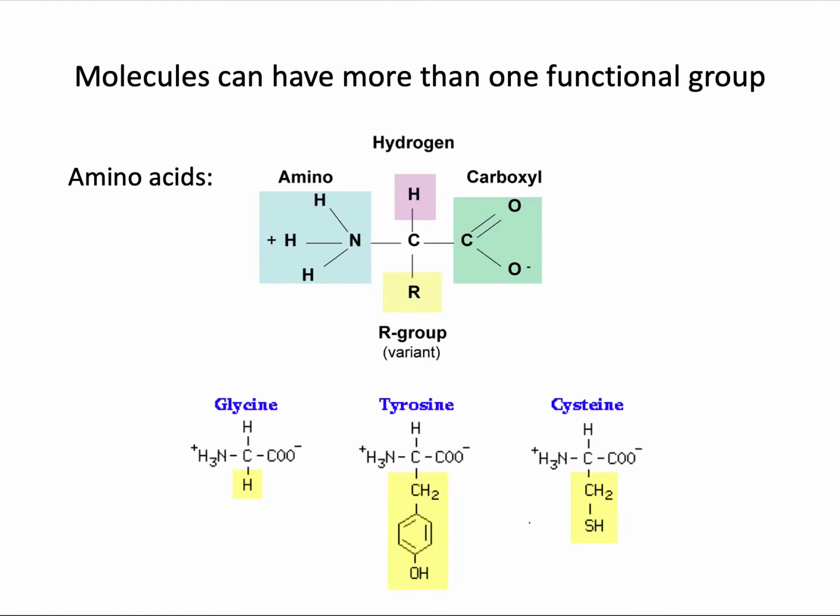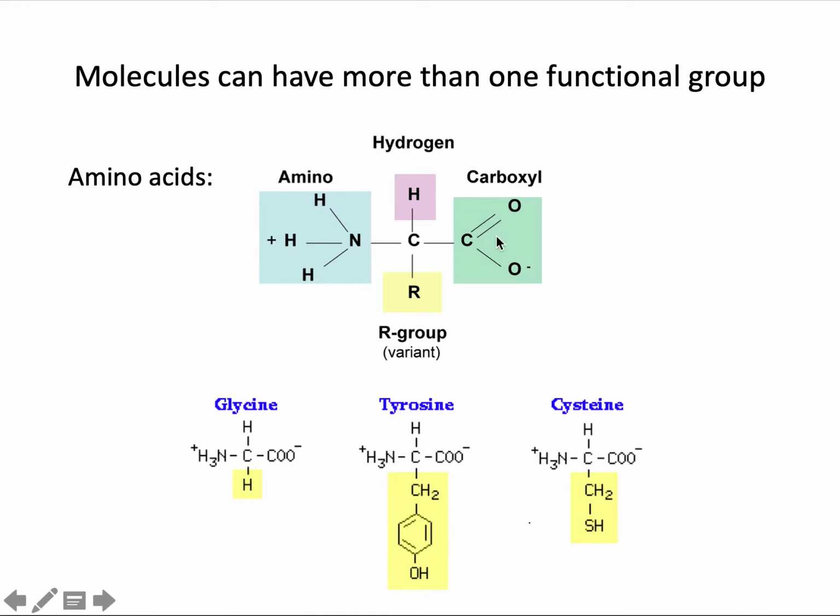Amino acid is a very important organic compound. It's an example of a compound that has more than one functional group. So amino acids would have an amino group. It would also have a carboxyl group. But in addition to that, it will have a variant.